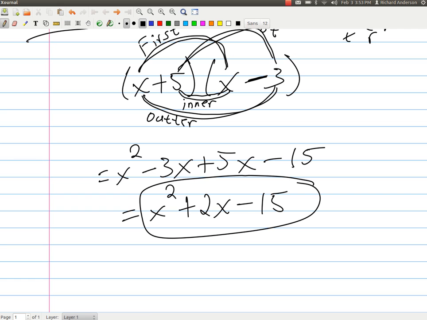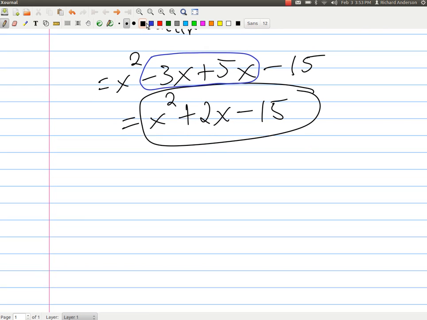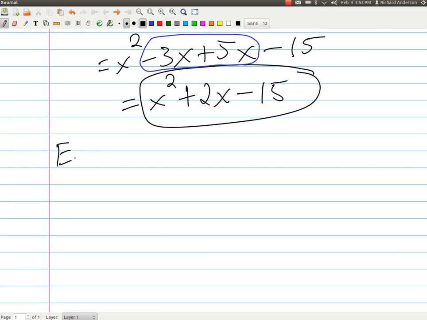So all I'm doing there is just combining these two terms in the middle right here together to get that 2x. All right. And so that's how I would do an example of foiling. And we'll take a look at a couple more here just to make sure we have the idea.